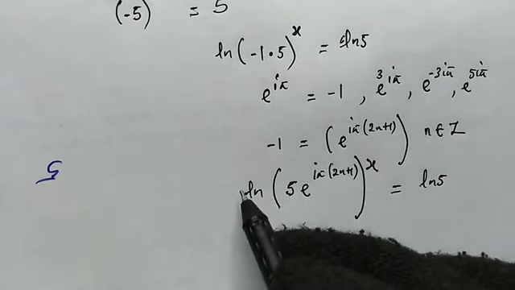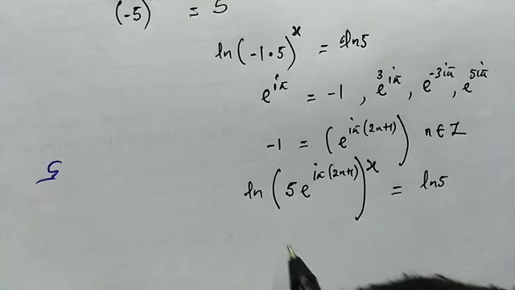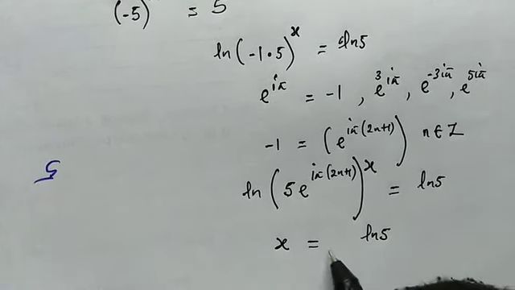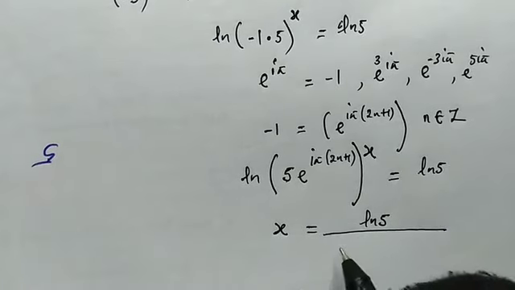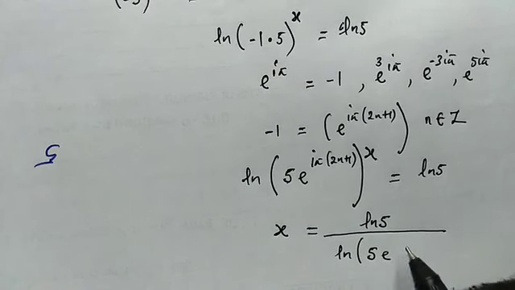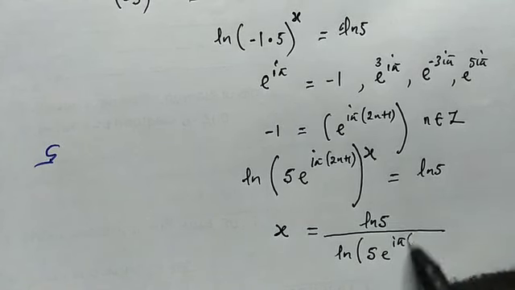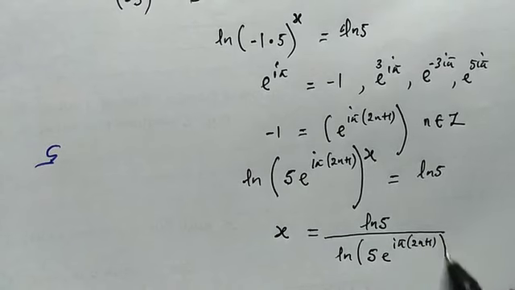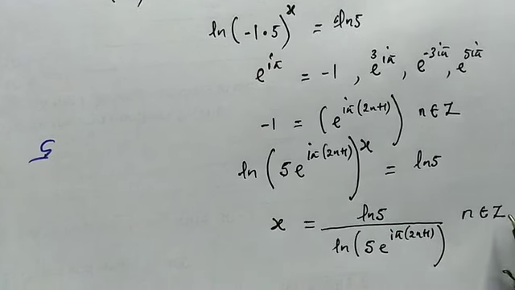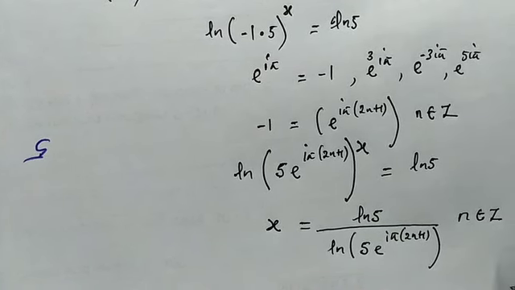Now moving this x down and dividing by this, we get x is equal to, as the general solution, natural log of 5 divided by the natural log of 5e to the power of i pi into bracket 2n plus 1. And here n belongs to the set of integers. And here we have the general solution.